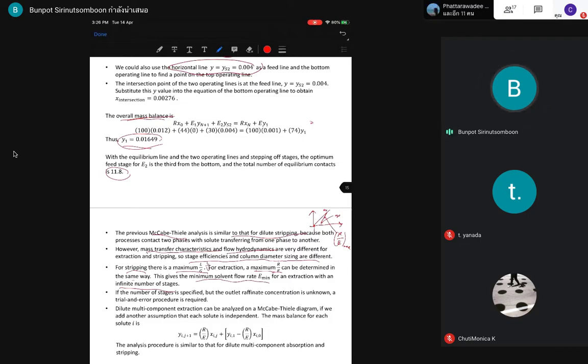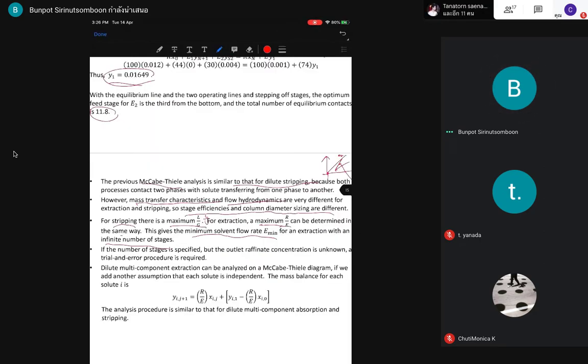And if the question gives you the number of stages instead, and the outlet raffinate concentration is unknown, then you have to use trial and error.